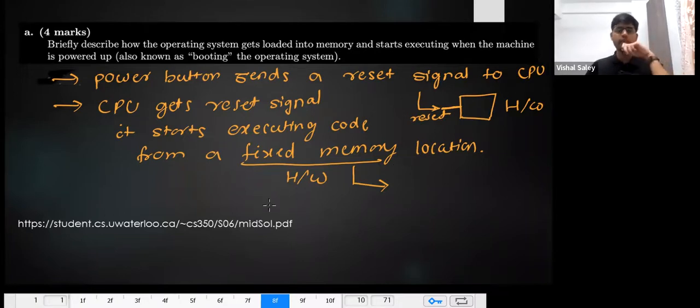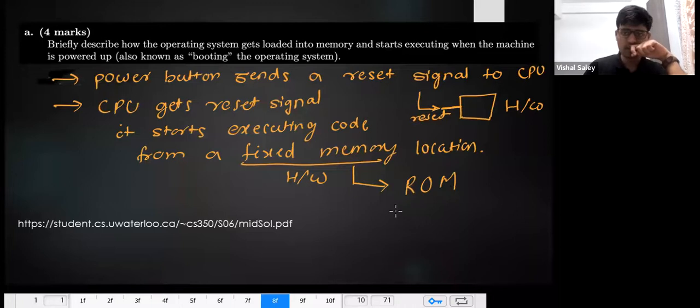Then it starts running from the fixed memory location, and that fixed memory location is something called ROM, or read-only memory. It has some fixed code there. That code is called the bootstrap or bootloader.